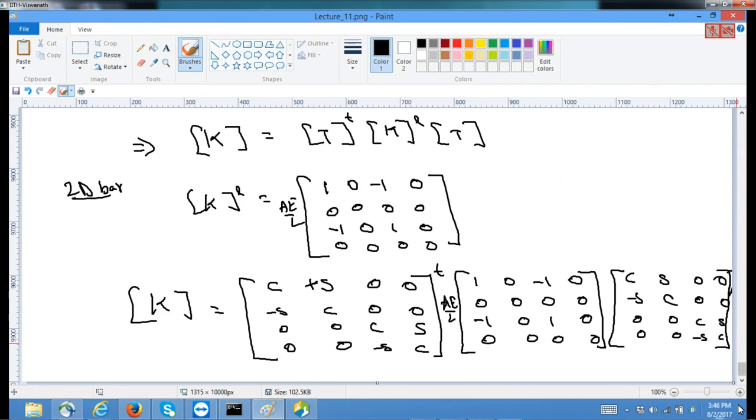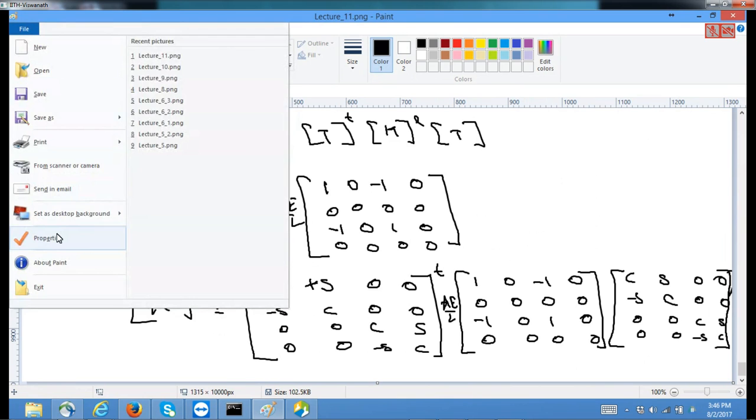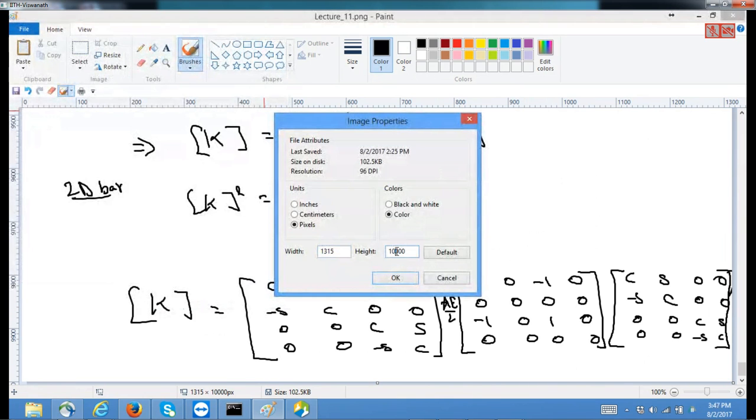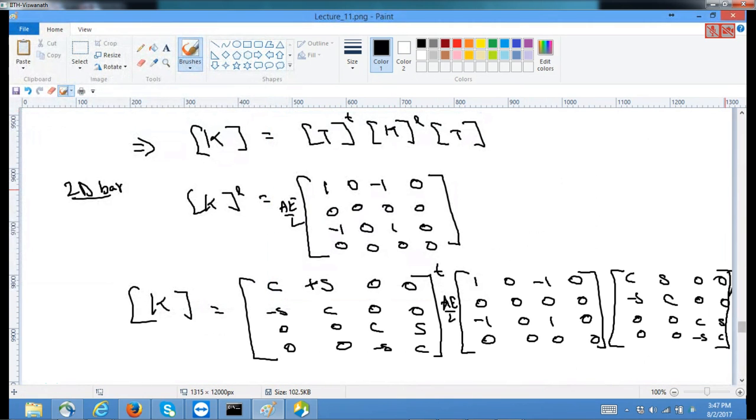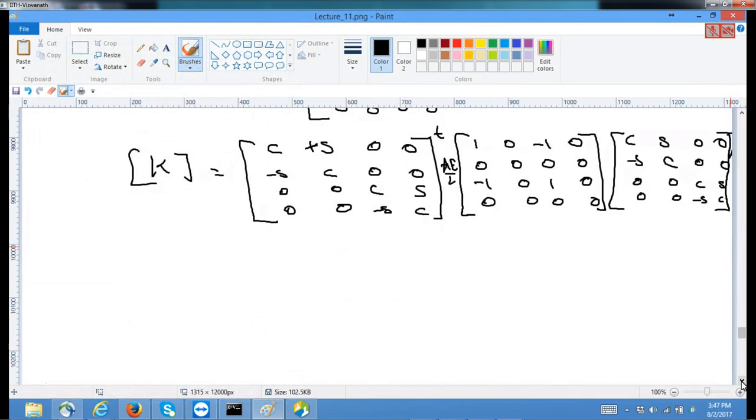If I multiply this, on multiplication we can see that we'll get something like this.